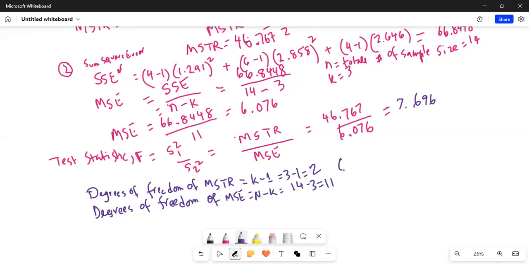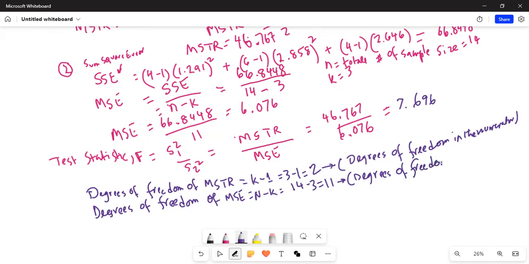This 2 is called degrees of freedom in the numerator, and this 11 is the degrees of freedom in the denominator.